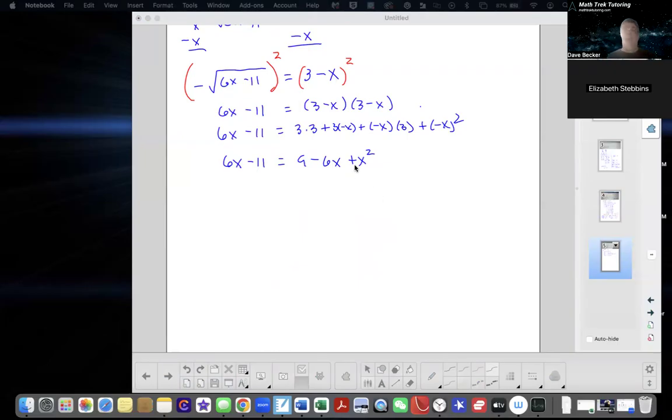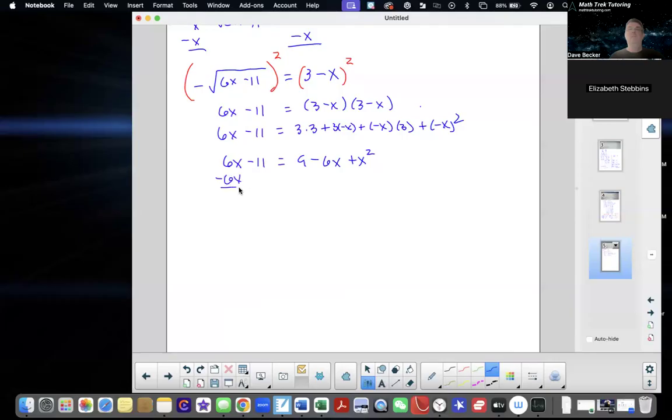All right. So now we're going to move everything to the right side because the squared is positive. If you're okay with where I'm at.